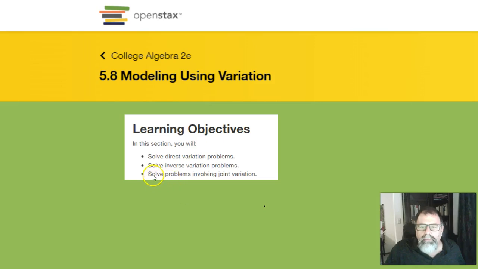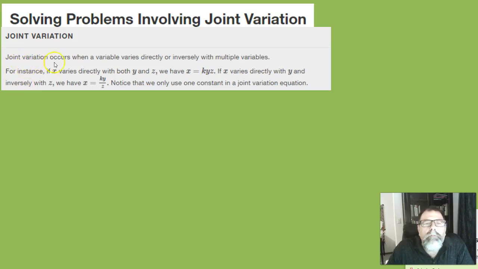And on to our last learning objective, solve problems involving joint variation. Joint variation occurs when a variable varies directly or inversely with multiple variables. For instance, if x varies directly with both y and z, we have x equals kyz.